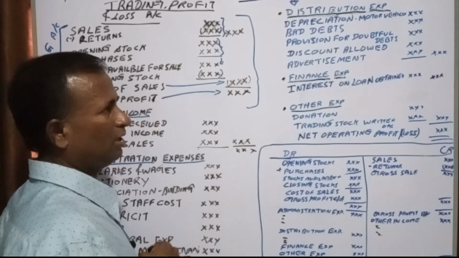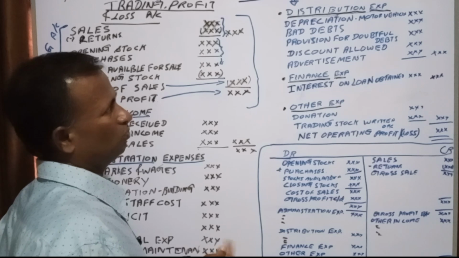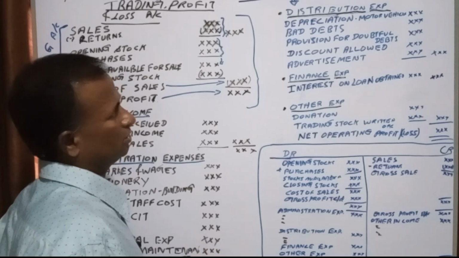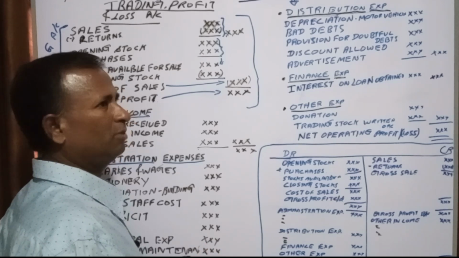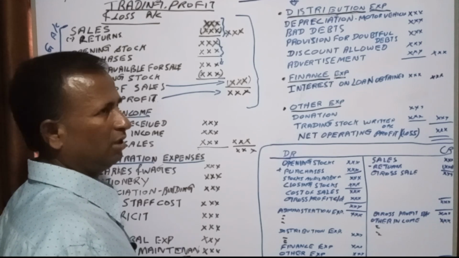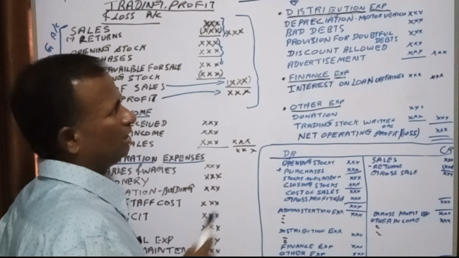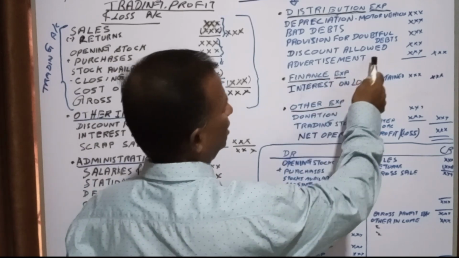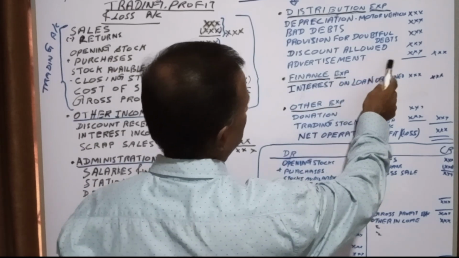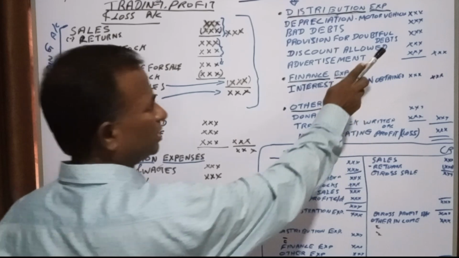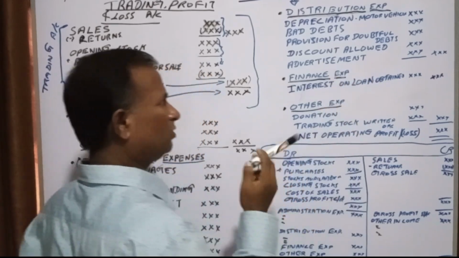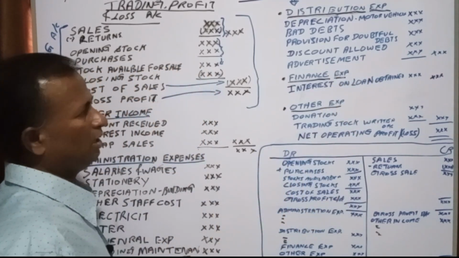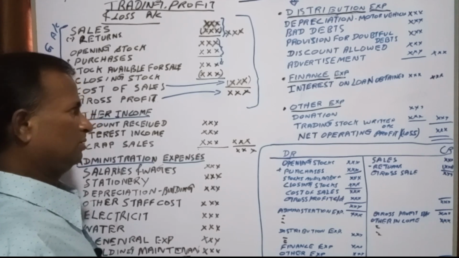If you are paying an agent to promote our sales, and based on the promotion you pay him commission, that sales commission will be shown under the distribution expenses. I have not mentioned it here; later, when we do the exercises, you can learn about it.